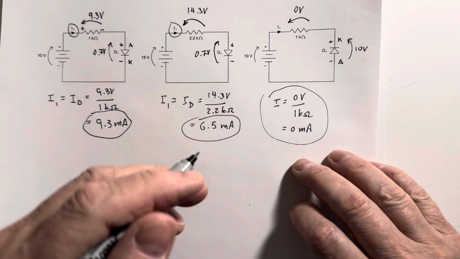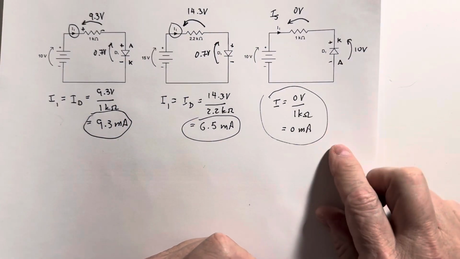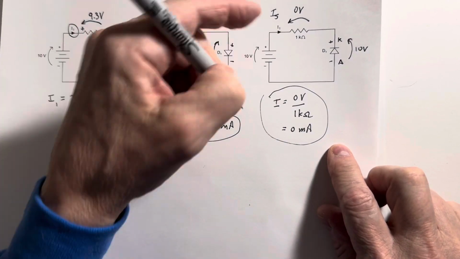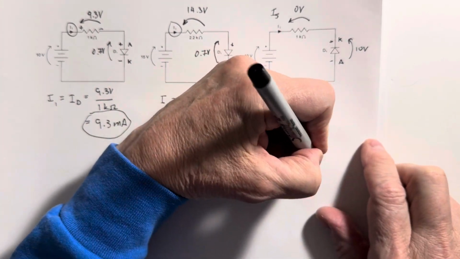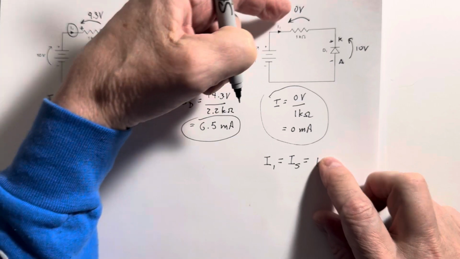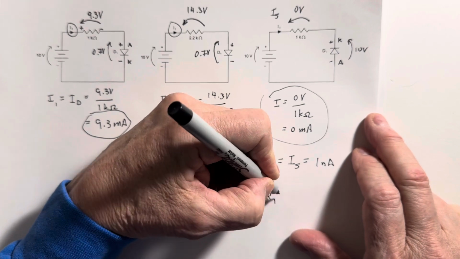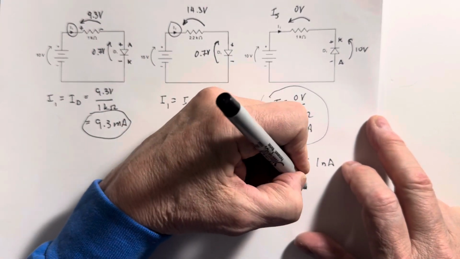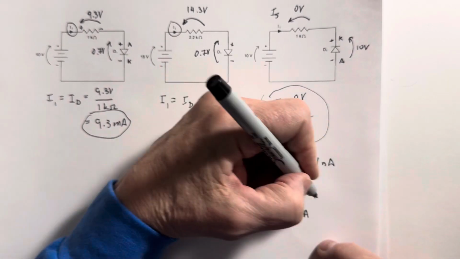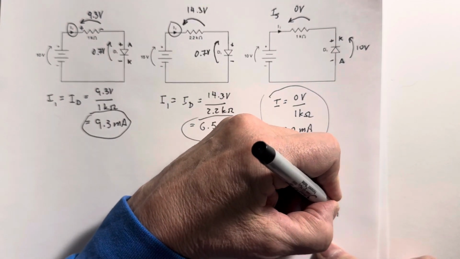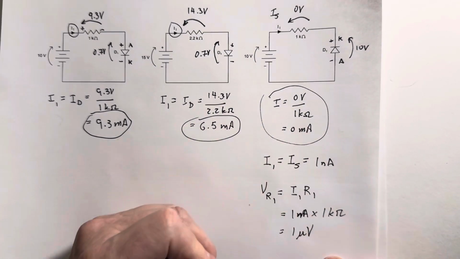Now, remember, in reality, we'll have a real small current flow equal to the saturation current of the diode, but that's like 1 nanoamp or so. So if we assume that I1 equals IS equals 1 nanoamp, then really this drop across the resistor, we'll call it V sub R1, is equal to I1 times R1, which is 1 nanoamp times 1,000 ohms, which equals 1 microvolt.